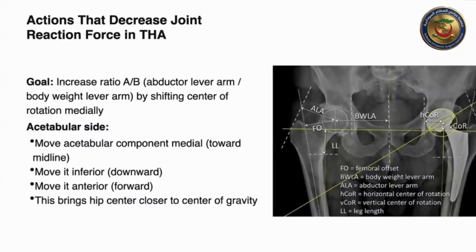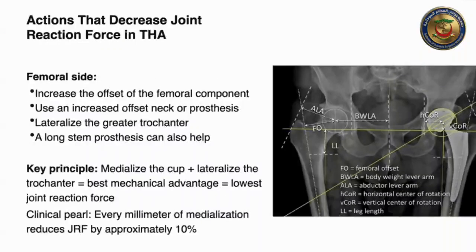The other thing: lateralize the GT. We know that Sir John Charnley had the GT osteotomy approach. Also, he refixed the GT, but more laterally, not in the same place. So this increases the tension of the abductors and makes them more efficient.